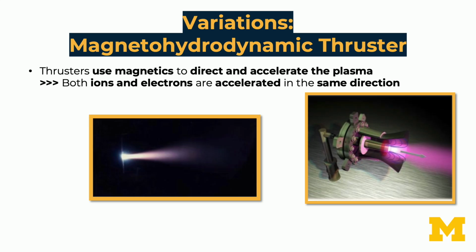There are variations of a plasma or ion thruster, and one is called a magnetohydrodynamic thruster. Basically what that does is it uses magnets to direct and accelerate the plasma. It uses the same type of thing, ions and electrons, and it accelerates them in the same direction. And that is actually really technologically important. We won't get into why it's technologically important, but you use magnets with the electric fields, and that causes the ions and electrons to both accelerate in the same direction.